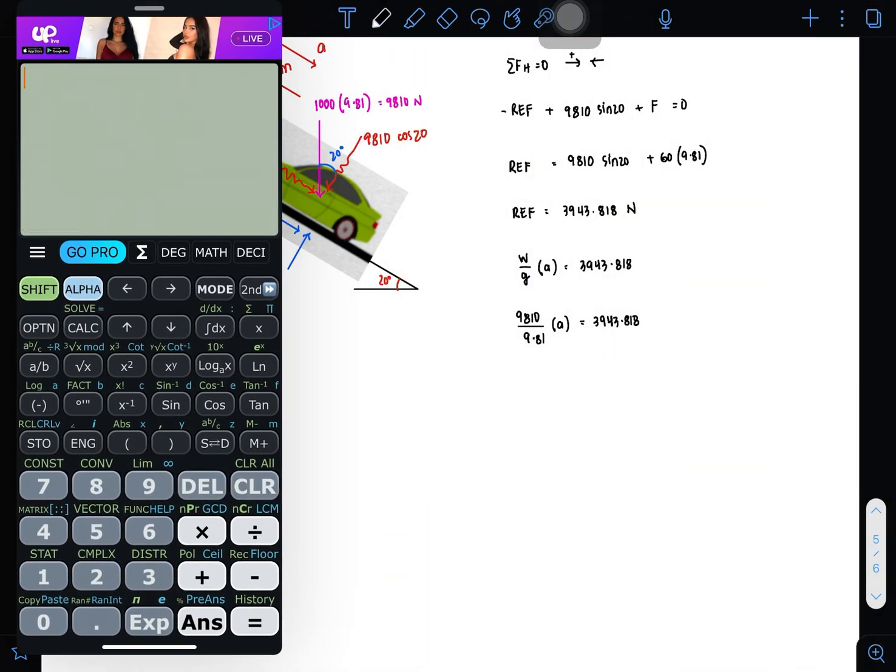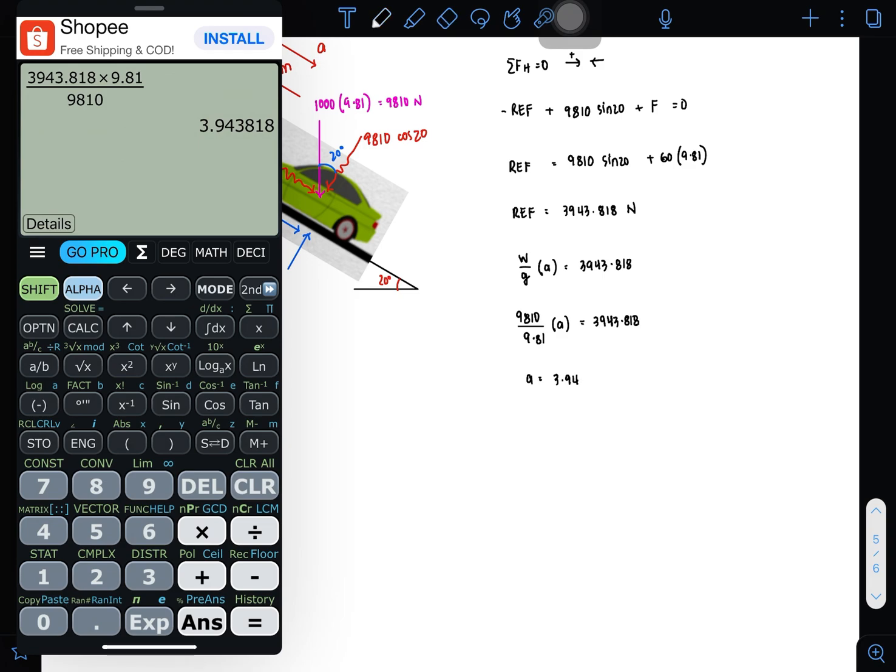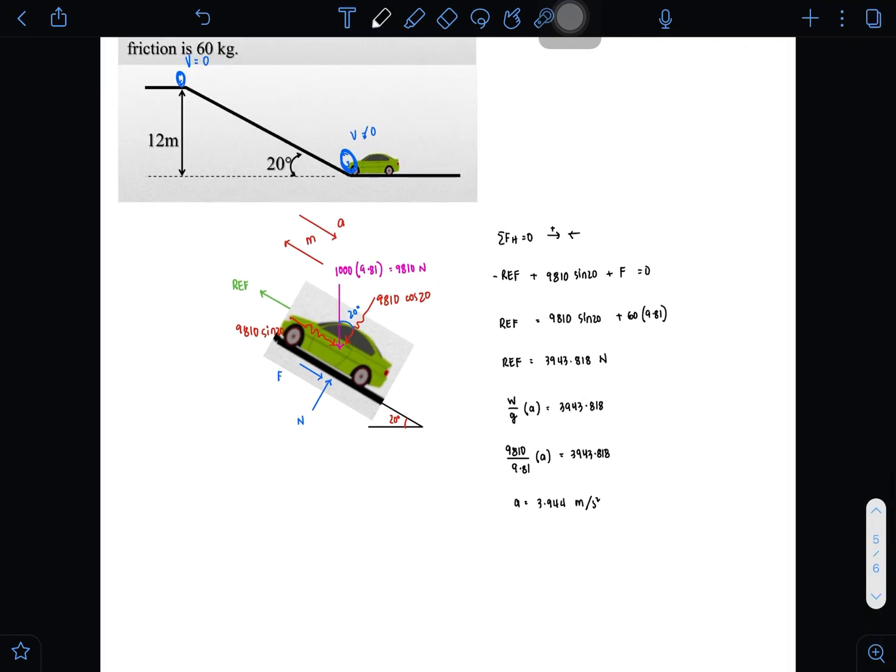So that would be 3943.818 times 9.81 divided by 9810. So the acceleration is 3.944 meters per square second. But this is not our final answer, right?